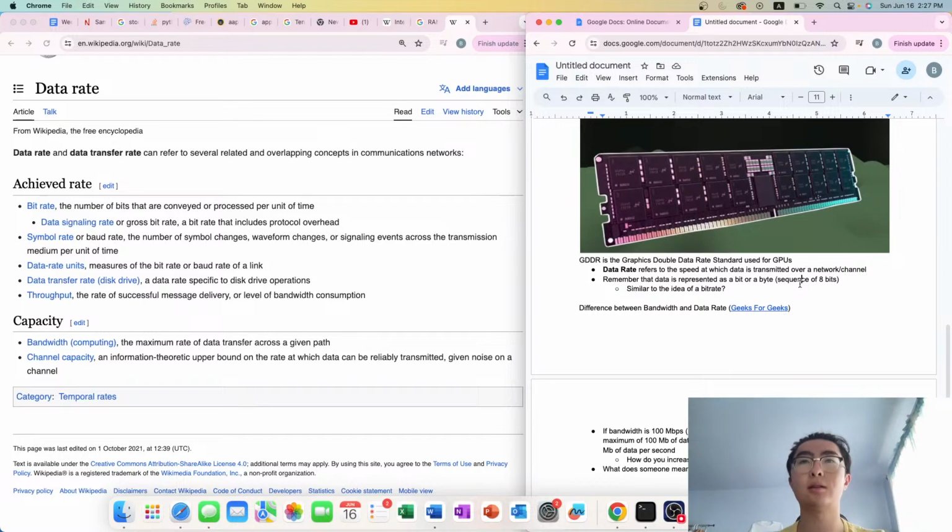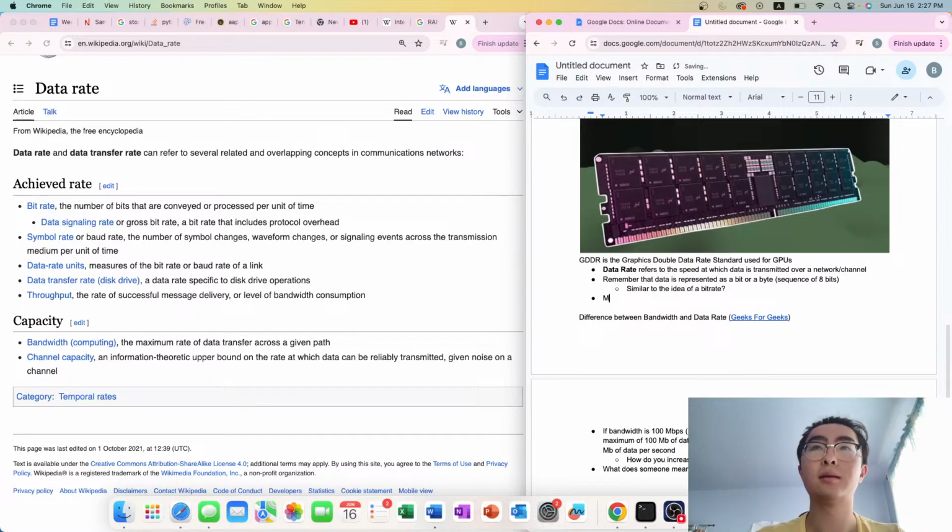So data rates is usually measured in bits/bytes per second.